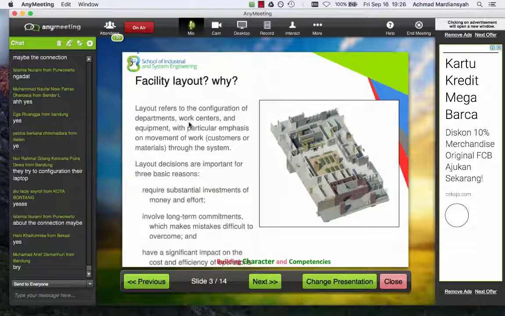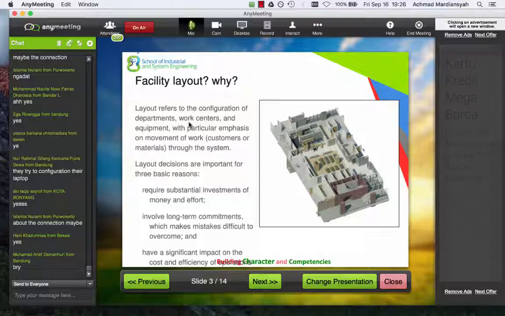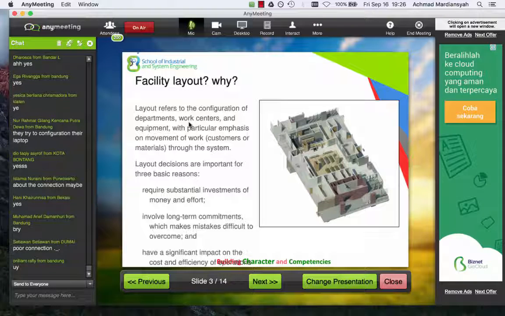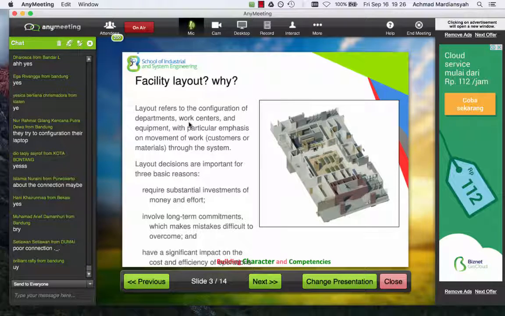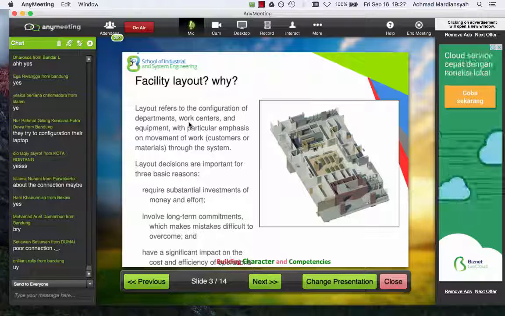Layout decisions are important because they are a substantial investment. Machines installed in a manufacturing company are very expensive, so if you put the wrong layout there, it's a waste of money.